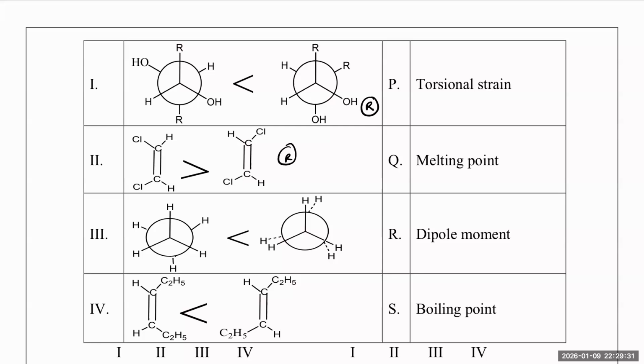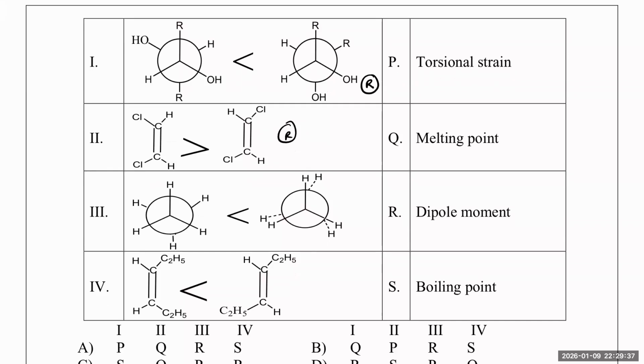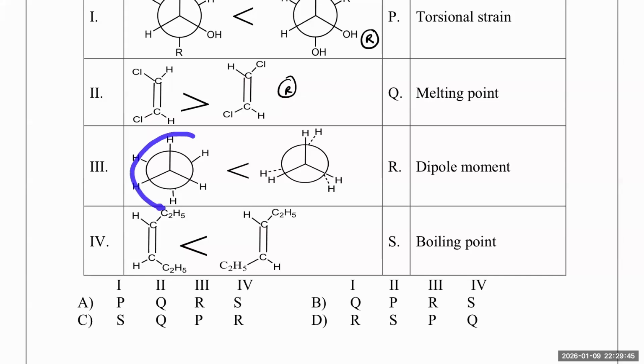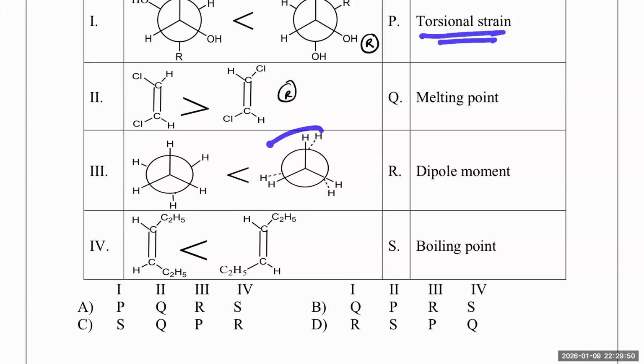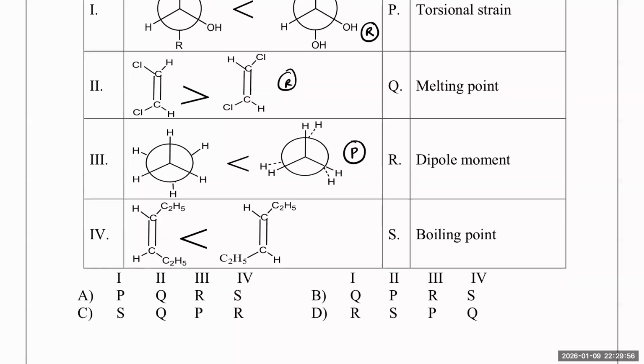And along with that, you know that when it comes to melting point, trans would be more than cis. So 2 is not matching. And here, torsional strain wise, eclipsed will have more than staggered. So yes, P is matching here.